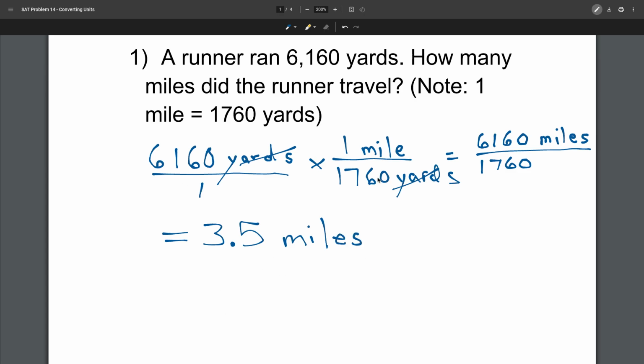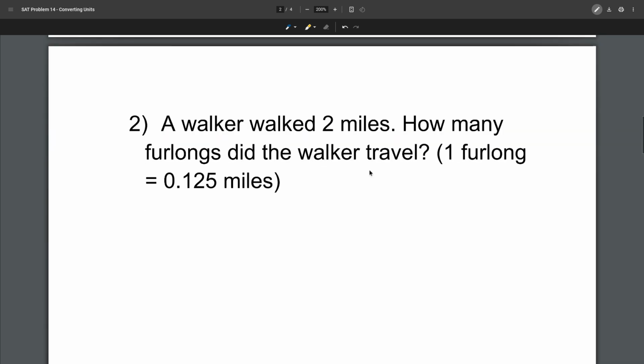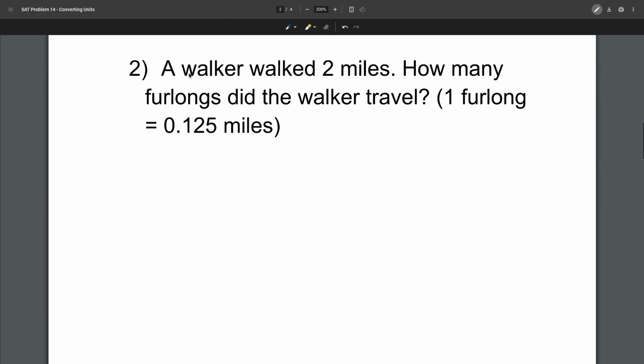All right, let's try another one. A walker walked 2 miles. How many furlongs did the walker travel? Note that 1 furlong equals 0.125 miles. Okay, so I'm going to take this 2 miles here. And when we do our conversion factor, we're going to be multiplying fractions.